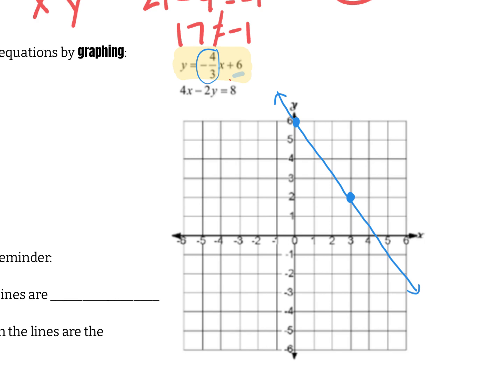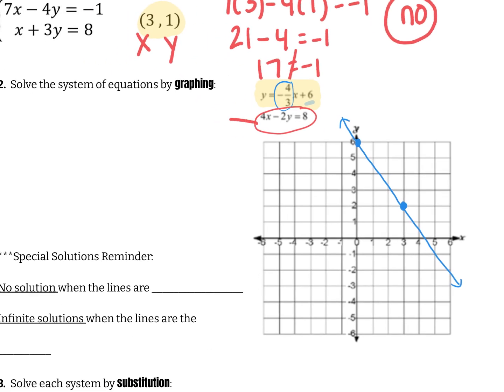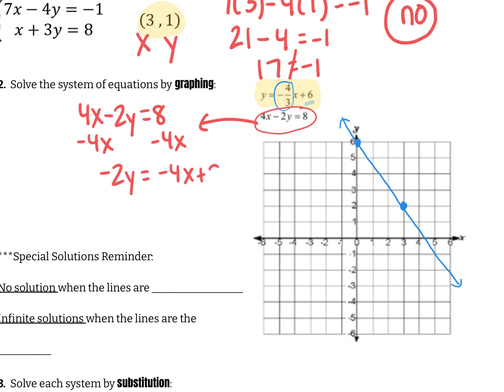And then the second equation is in what we call standard form. It's not in slope-intercept form. So to graph it, I'm going to get it in slope-intercept form so that it looks like y equals mx plus b. I'm going to move this 4x. And I have this. And then I'm going to divide by -2.